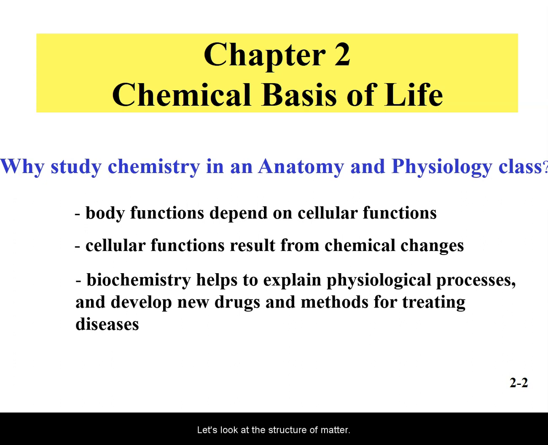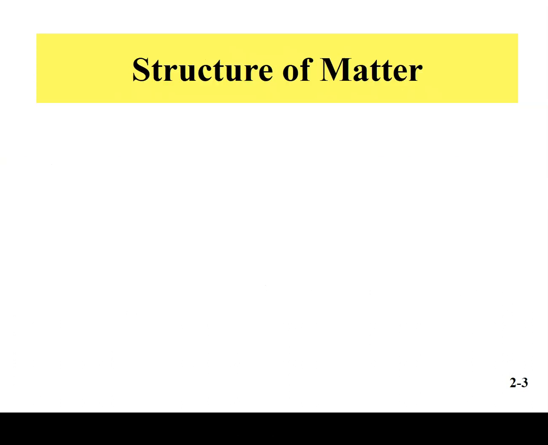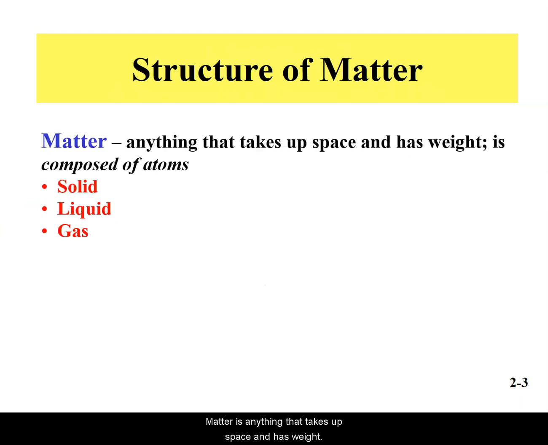Let's look at the structure of matter. Matter is anything that takes up space and has weight or mass. It is composed of atoms. Solids have a definite shape and a definite volume. We can actually weigh them, measure them.